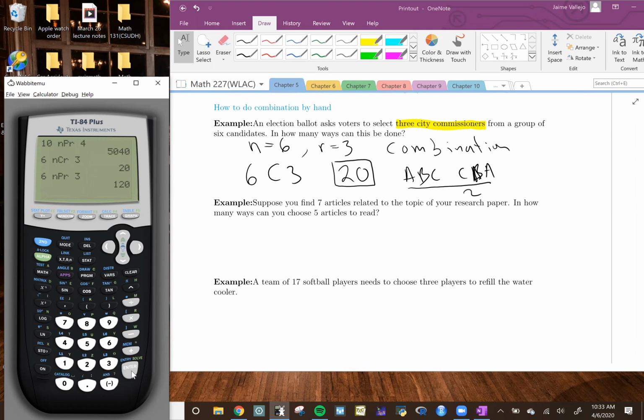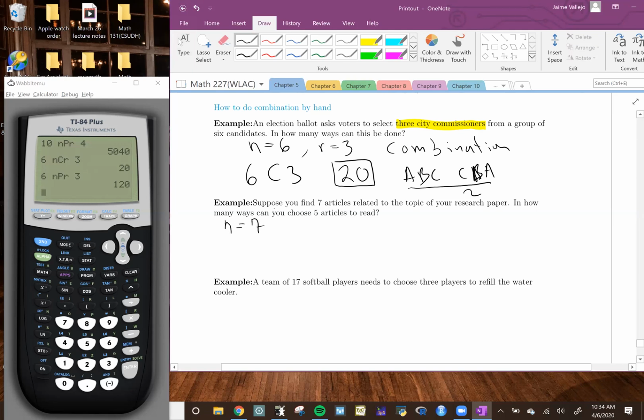All right, so let's do the second one. It says, suppose you find 7 articles related to the topic of your research paper. In how many ways can you choose 5 articles to read? For this one, how many articles do we have to choose from? 7.